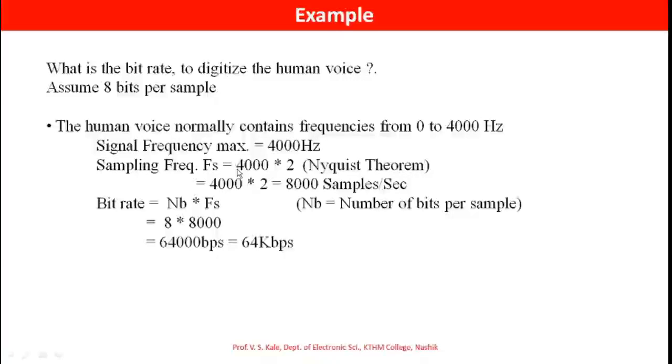Sampling rate Fs is equal to 4000 multiplied by 2 according to the Nyquist theorem, that is 8000 samples per second. To find the bit rate, bit rate is equal to the number of bits per sample multiplied by the sampling frequency. NB is 8, Fs is 8000, 8 multiplied by 8000 is 64,000 bits per second, that is equal to 64 kbps.